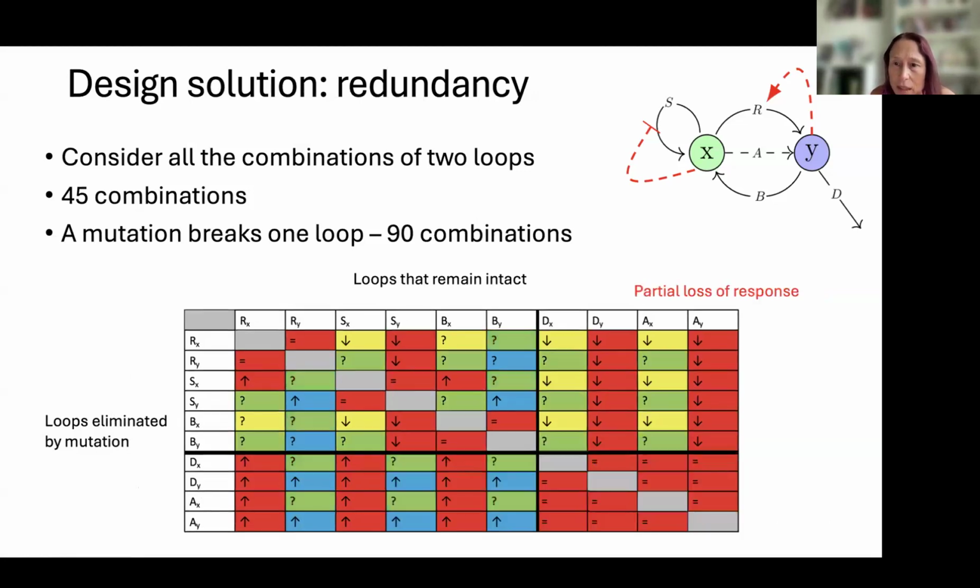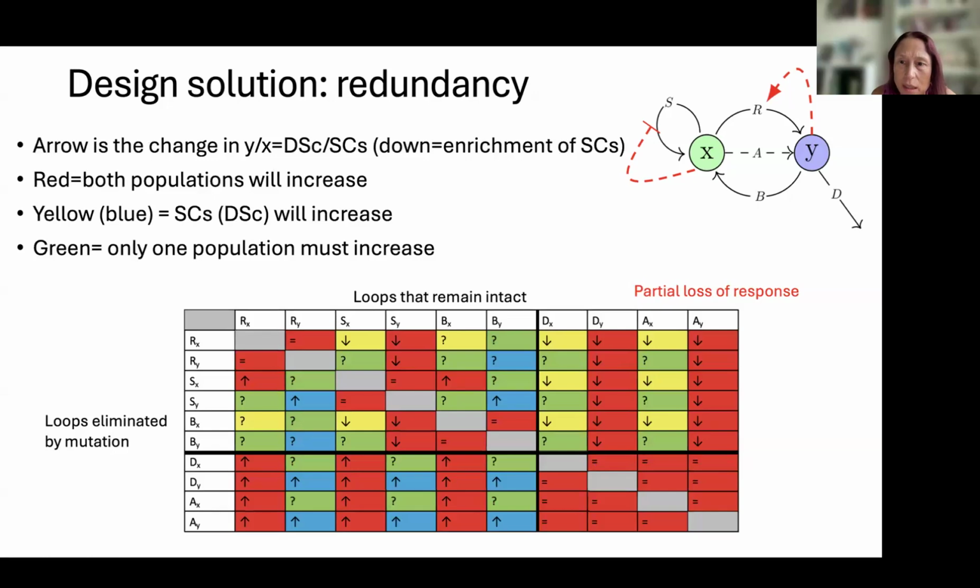Let me explain the color code. So let's first look at the arrows. Some of these cells contain arrows.